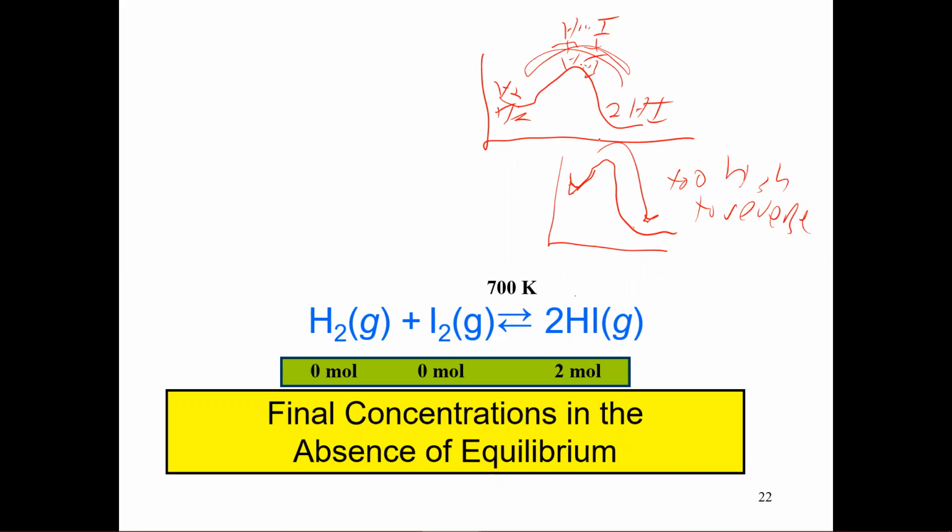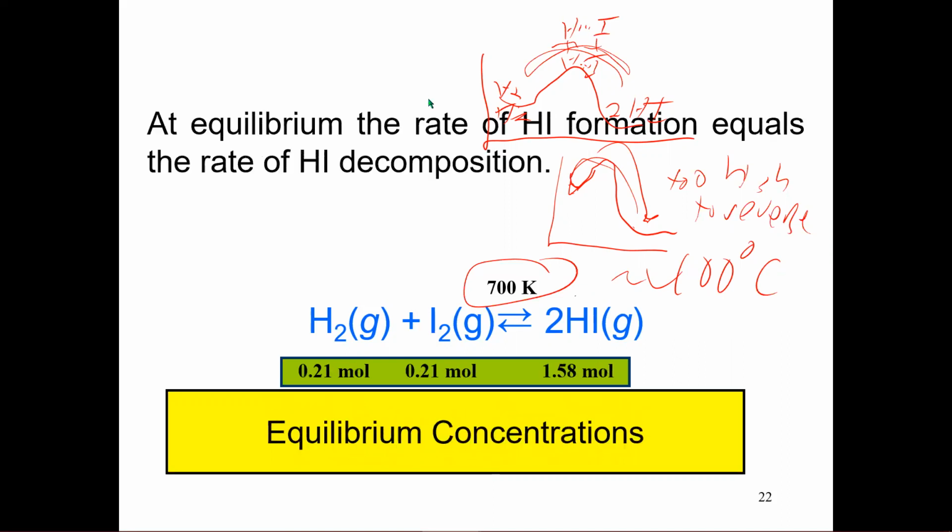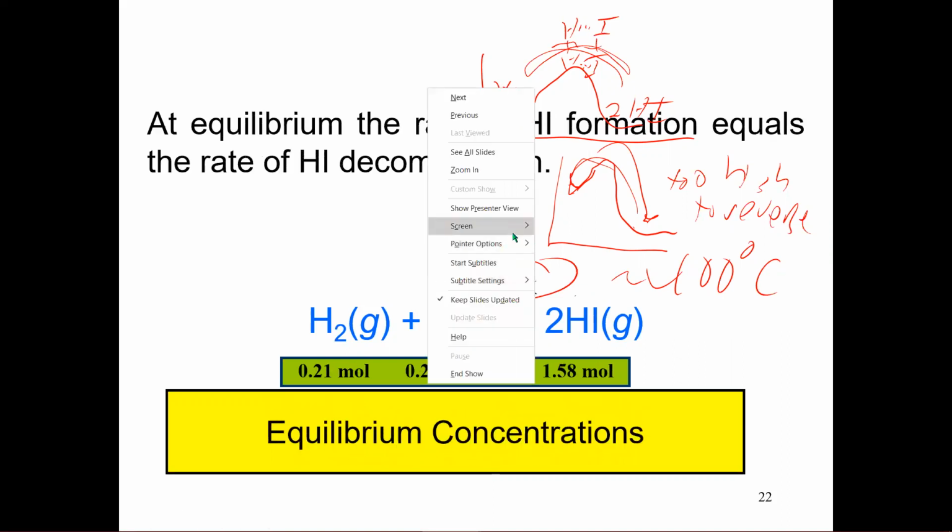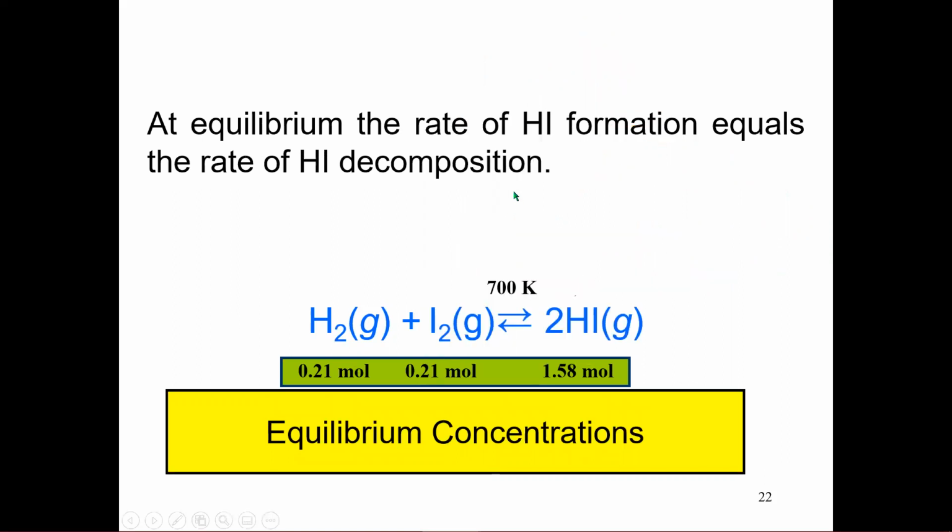But notice this is at 700 degrees Kelvin, which is about 400 Celsius. So at that temperature, they have enough energy to go back the other direction. At equilibrium, it'll go back the other way.